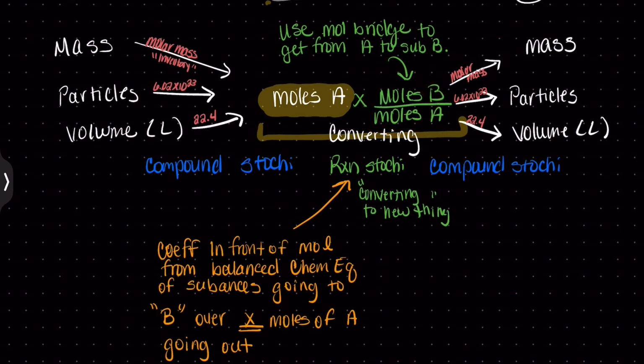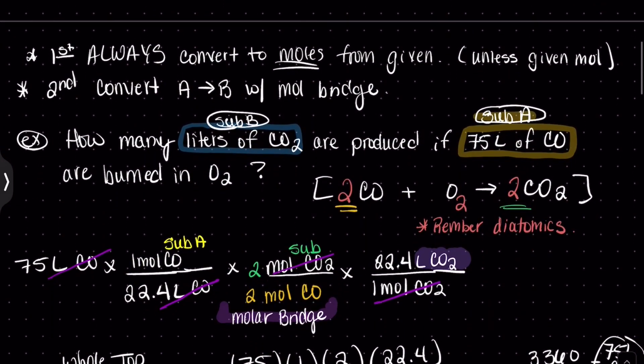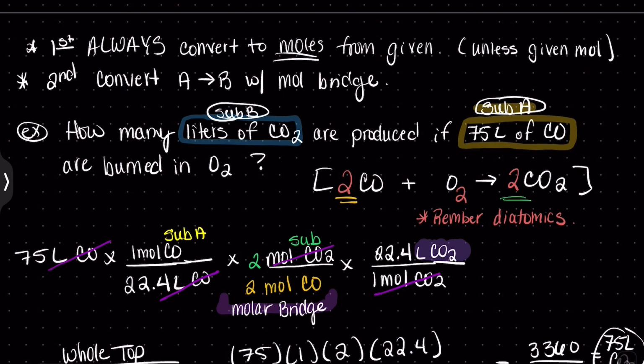So it'll be your coefficient of B and coefficient of A. So here's one that's already been pre-worked for you. First step, you always convert to moles. I can't stress that enough to you. Unless the moles are given to you, take the blessing and move on. And then for your second step, you convert A to B using that molar bridge.